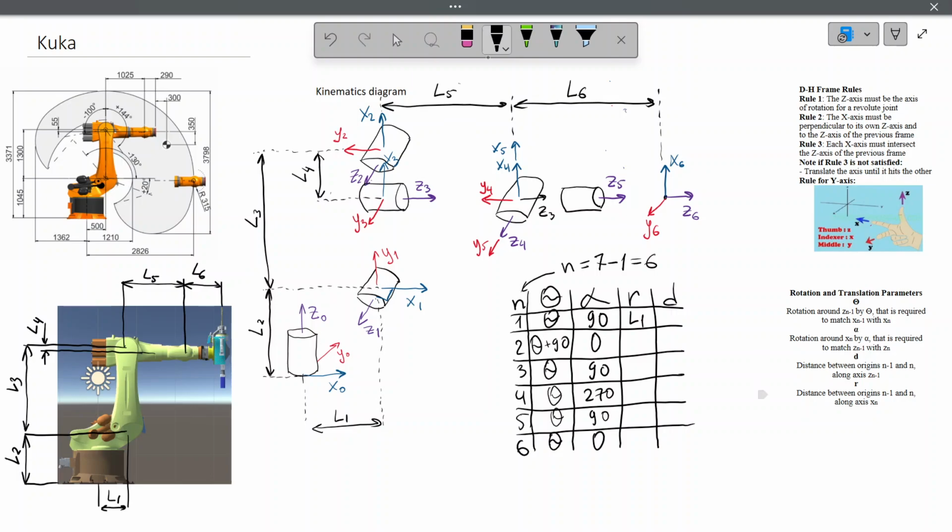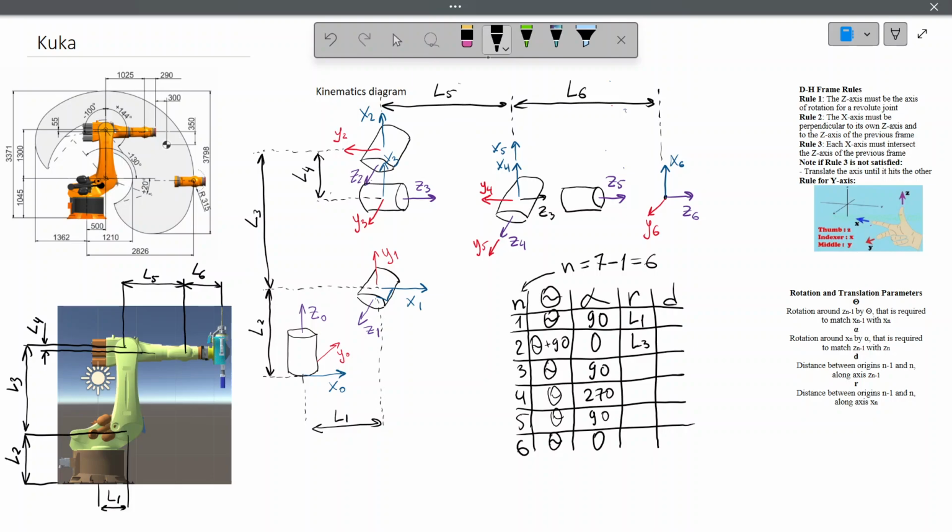Here it is important that we take a look along the current x-axis. So between x1 and these two, current is x2. So we take a look from this direction, the distance between these two. So it will be distance L3.